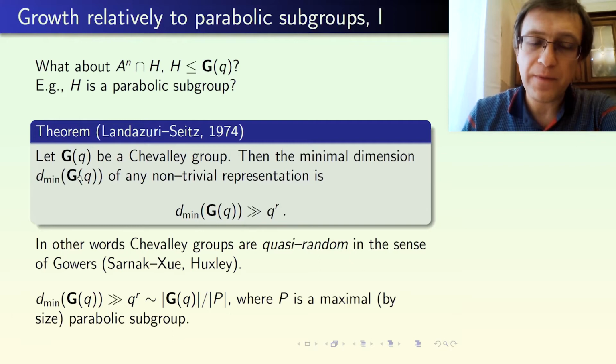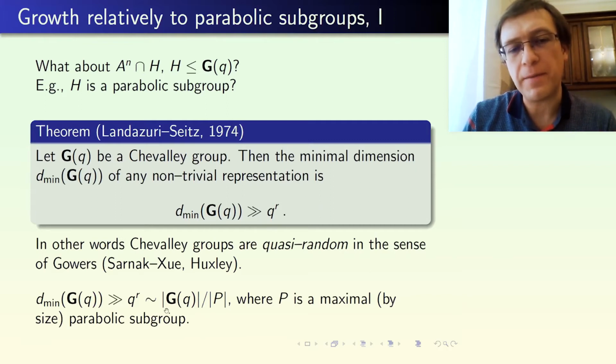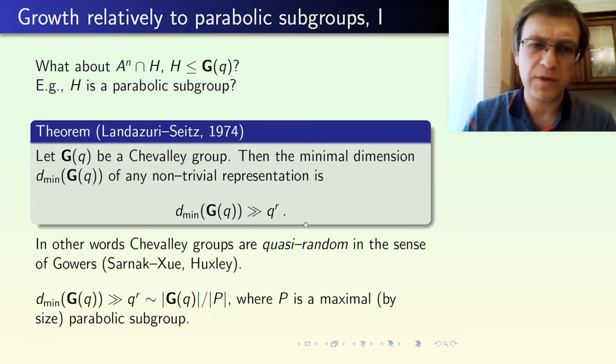Q is the size of the field, R is the rank, and this bound is perfect because Q to the R is more or less G over P, where P is the maximal parabolic subgroup. So this bound cannot be improved.